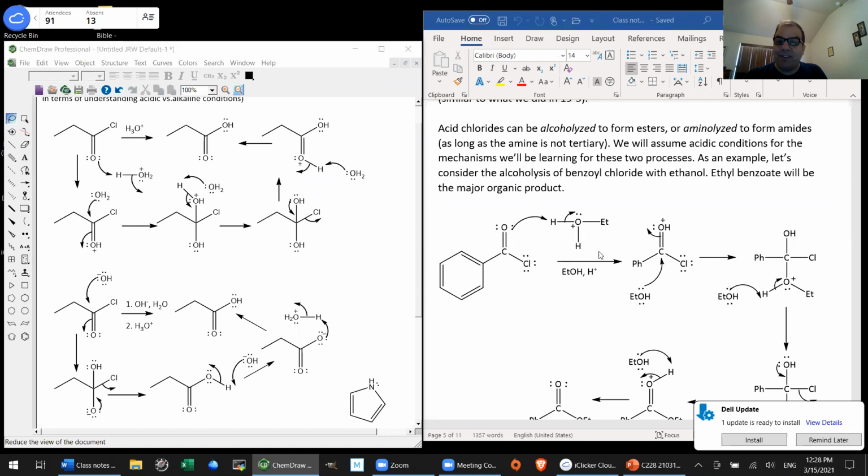We are easily 15, 16 pKa units away from being able to justify having any amount of EtO minus in this solution. Remember, we said the other day, a general rule of thumb is you're okay if you're within maybe 7 or 8 pKa units. That's a good general rule to remember. We're way outside that here. So we know we can't invoke any alkoxide ions, not in this mechanism.